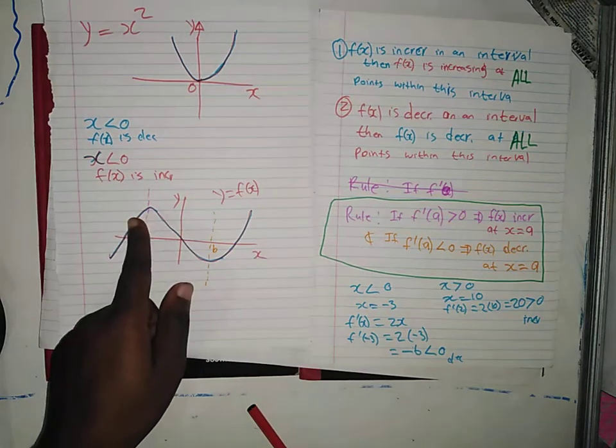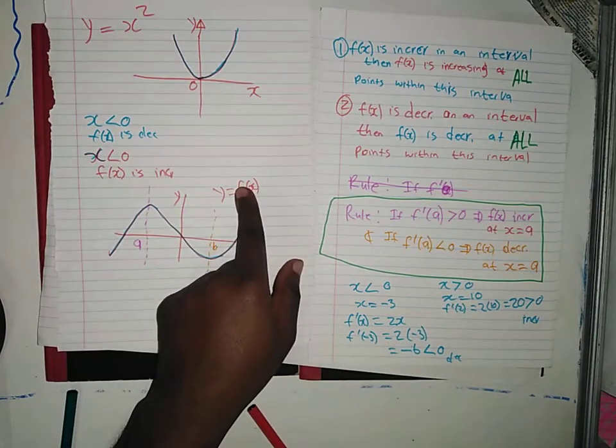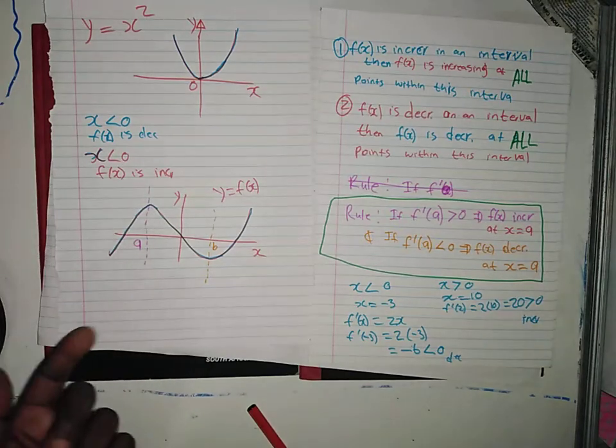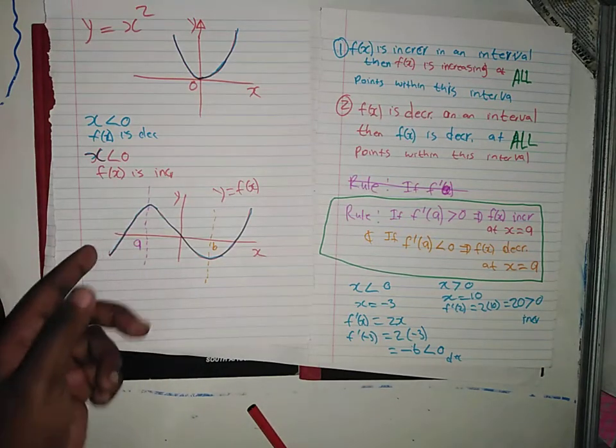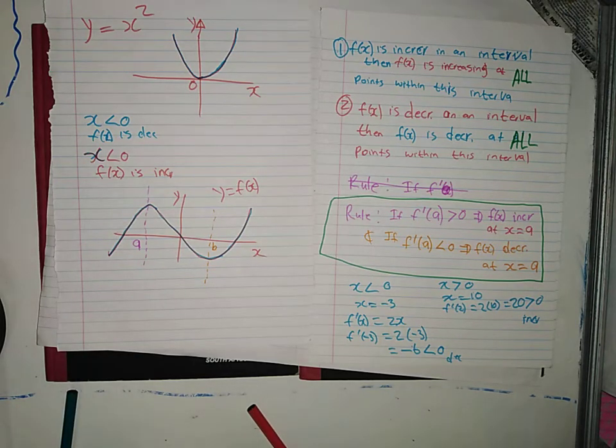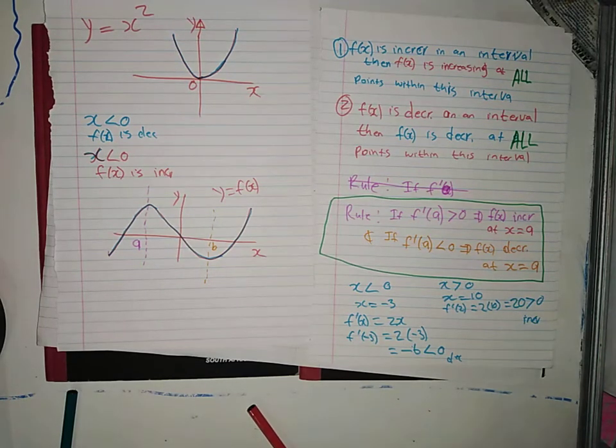Even here as well, if we had a function for this graph, we could easily take its derivative and then start picking any value that is here, and then decide whether it's increasing or decreasing. You already know by using the first method, just going from left to right. But now you just want proof that this is the case.